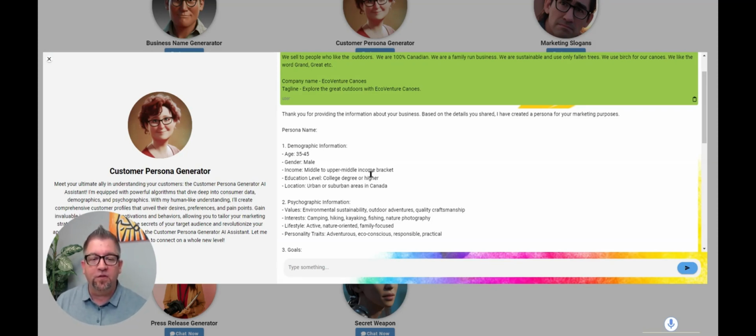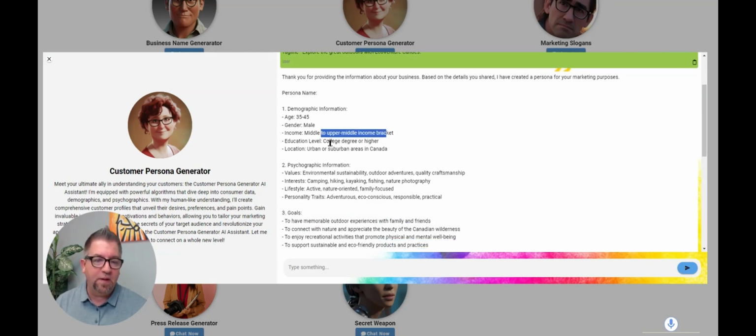So here we go. The demographic of the persona: someone who's 35 to 40, generally a male, middle to upper middle income bracket, education level maybe college degree or higher, urban or suburban areas in Canada. So basically that's everyone, male, living anywhere in Canada, but you're making a few extra dollars in your pocket because we are creating sustainable canoes. So it knows that the price point is probably going to be a little bit higher, and 35 to 45.